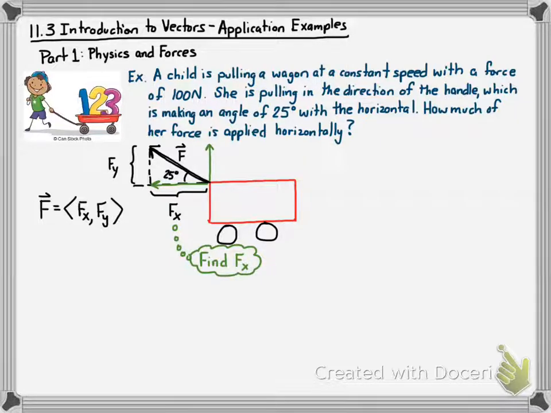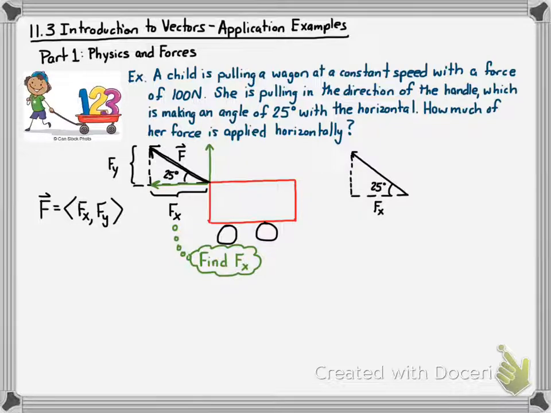Looking at this picture, I'm going to take that diagram and make it a little bit bigger so I can have some actual numbers listed in here. So here is our force vector, and then we have our x component and our y component, and we are interested in the x component, and our angle is 25 degrees.